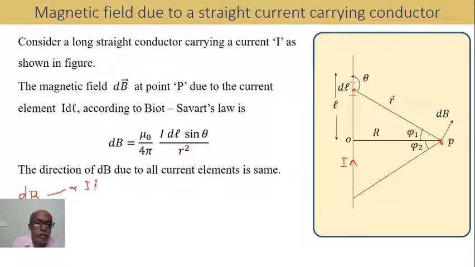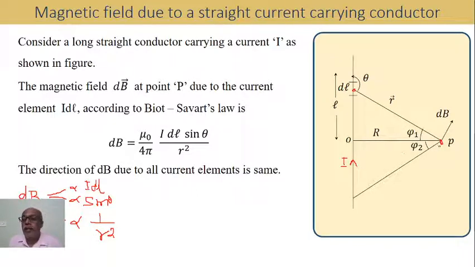It is directly proportional to sine theta, and it is inversely proportional to r square, the square of the distance between the two.